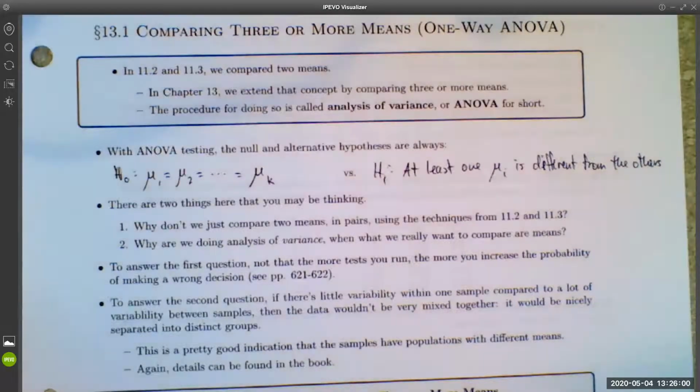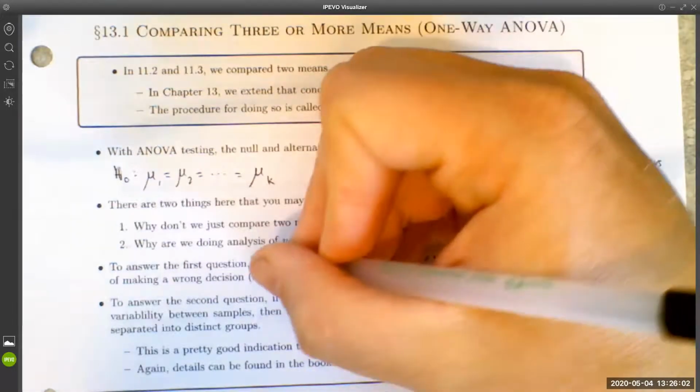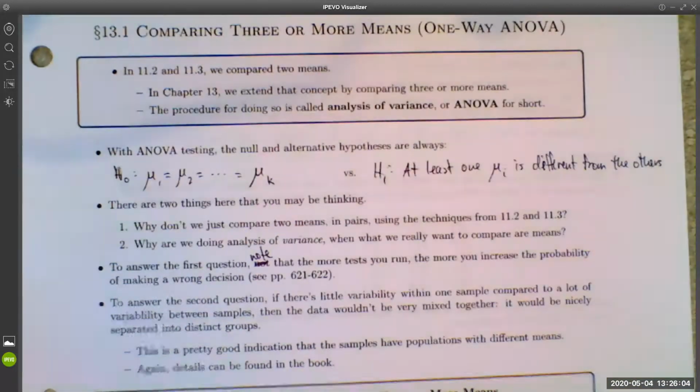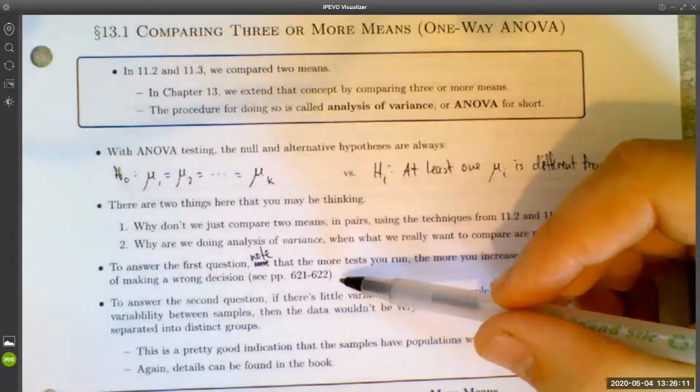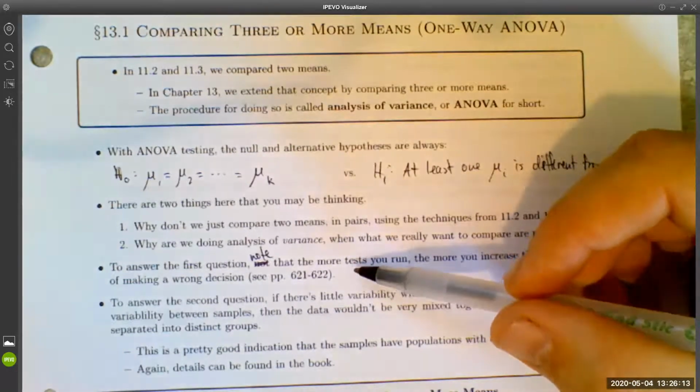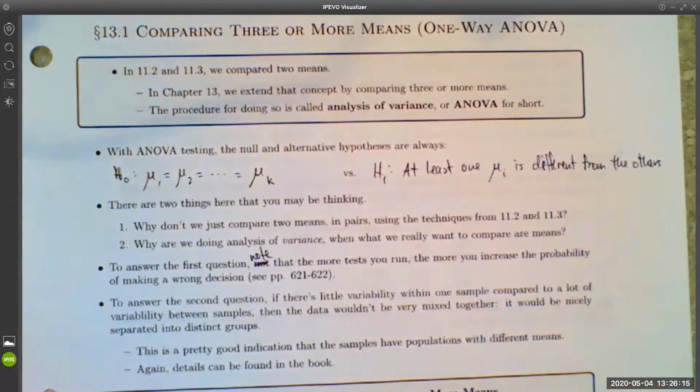So to answer the first question, note that the more tests you run, the more you increase the probability of making a wrong decision. I'll let you read your textbook for more information there if you're interested. But the errors compound, right? So the more tests you run, the more likely you are to make a wrong decision.